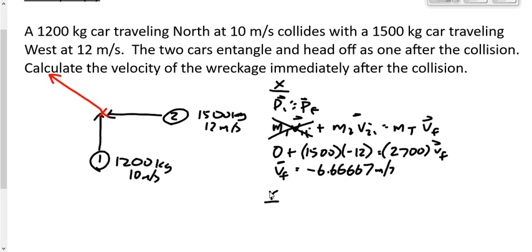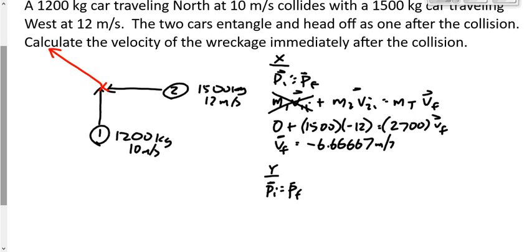So let's write this out. Pi equals Pf again. M1 V1I plus M2 V2I, plus what? Enrique, how much of that 12 meters per second for object number 2 is on the y-axis? Because that's what we're doing now, right?